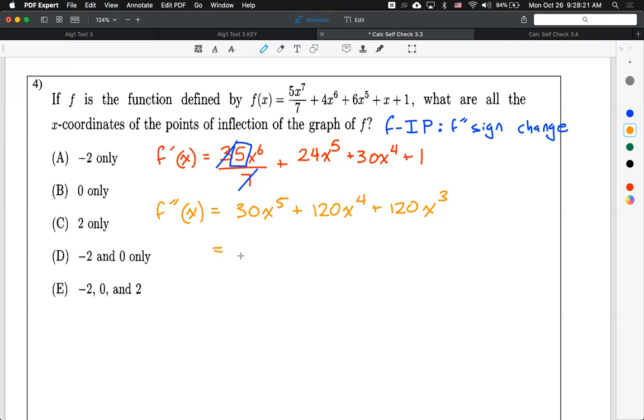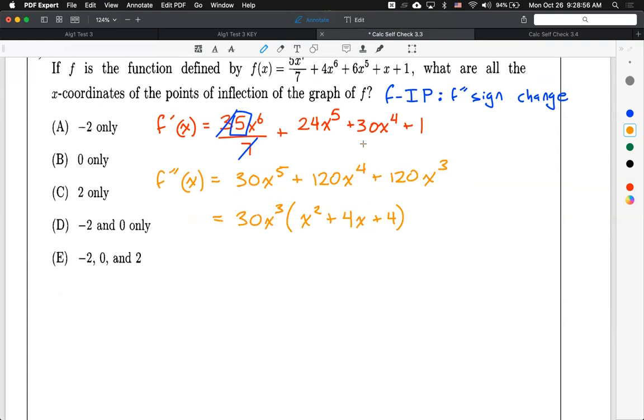What's the greatest common factor? Yep, 30x to the power of 3. And when we factor out that GCF, you're left with plus 4. And then we can still factor this. We can either use advanced ninja star, or you can recognize that it's a perfect square.